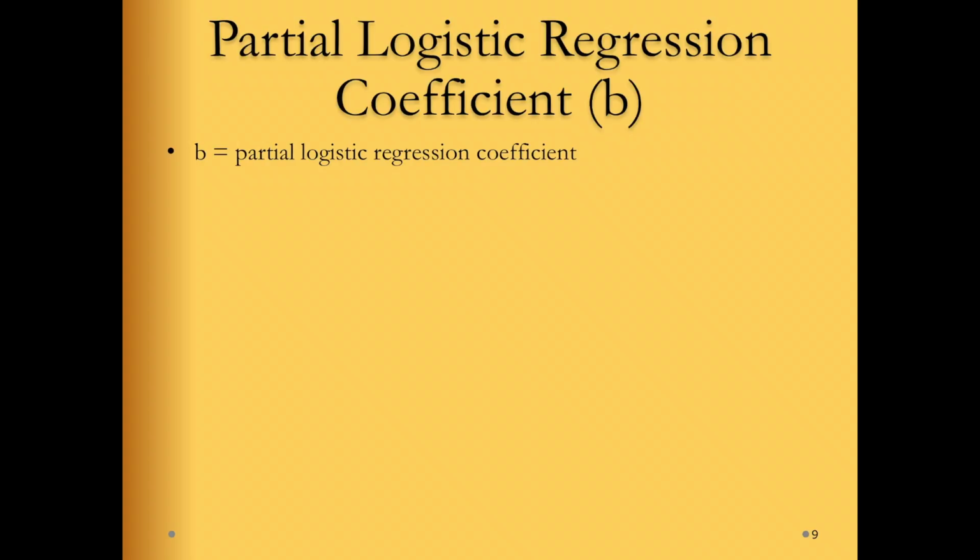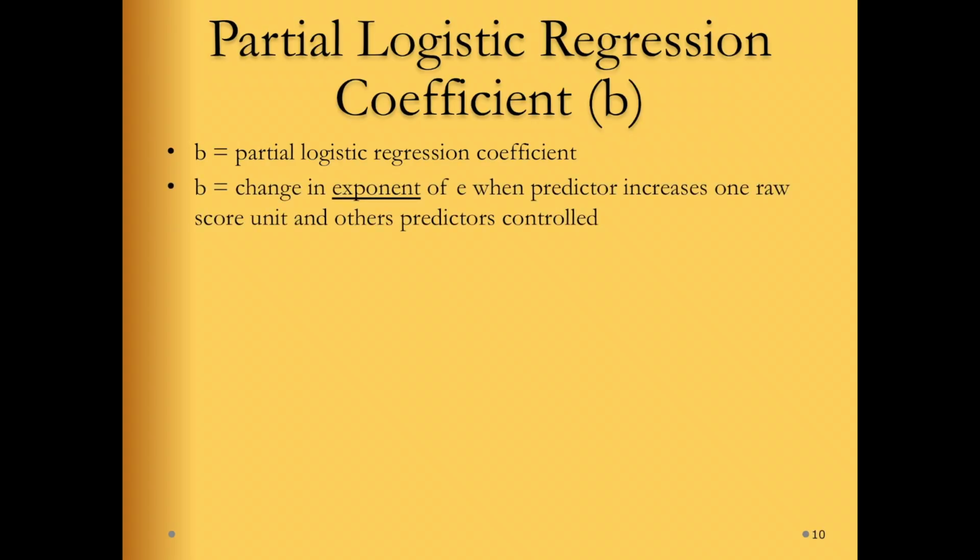Thus, our focus will be on the unique relationship the predictor has with the criterion after partialing the effects of all of the predictors in the model. But because the regression equation is used to derive an exponent, changes in the value of a predictor now have exponential effects on the dependent variable. Thus, B is the change in the exponent of the natural log when its predictor increases 1 unit.